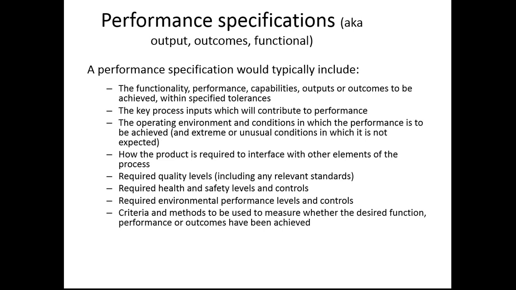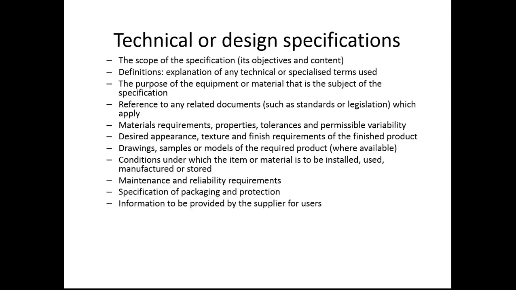You need to understand standards. You need to understand what the legalities of standards are. Technical design specifications: the scope of the specification, its objectives and its content. The definitions need to be clearly written. An explanation of the technical requirement needs to be given, so everybody understands it, so they can make comment. They can come back and say, this may or may not be good. That is frequently missing.